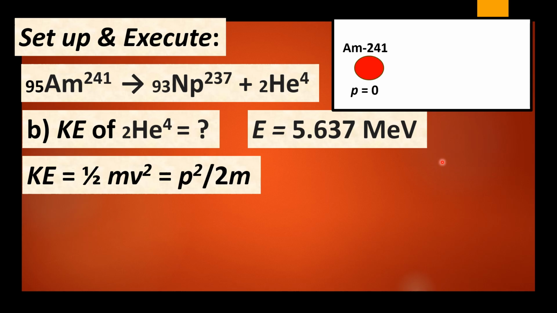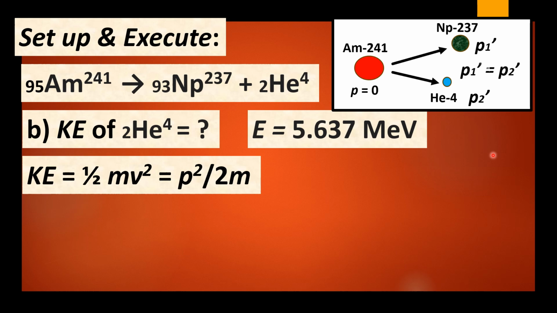Now, when it emits an alpha particle and decays into a neptunium nucleus, the momentum of the neptunium nucleus, labeled here as p sub 1 prime, and that of the alpha particle, labeled p sub 2 prime, must in fact be equal in magnitude. This is following the law of conservation of momentum.